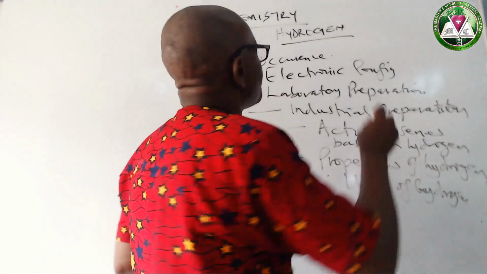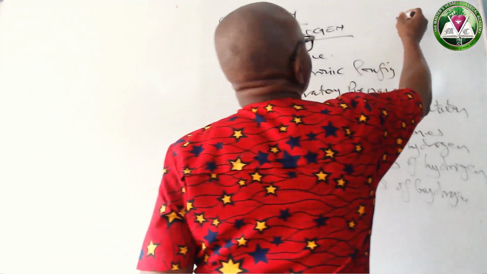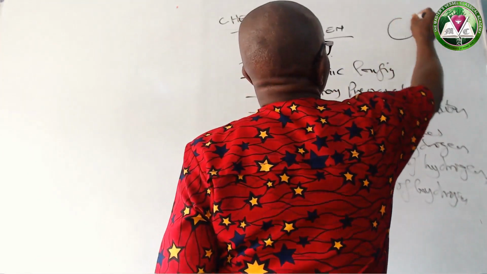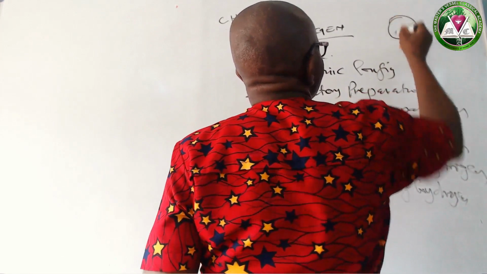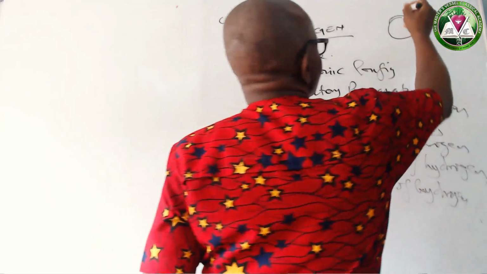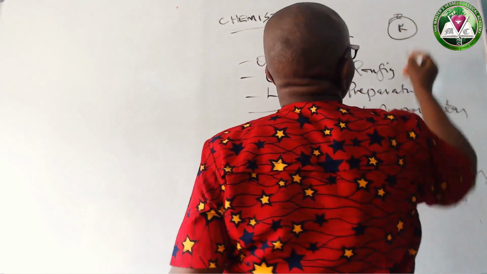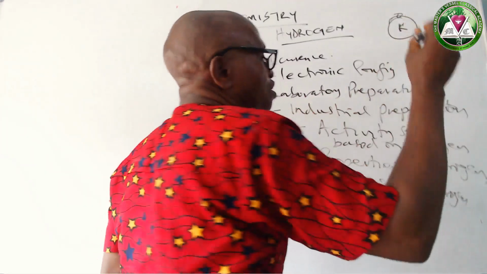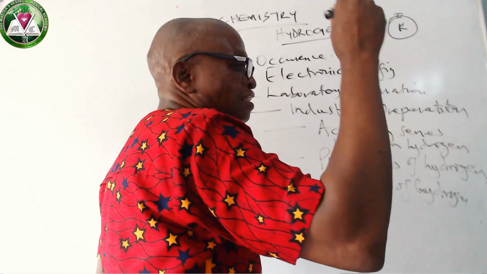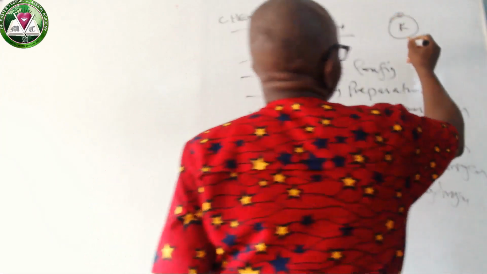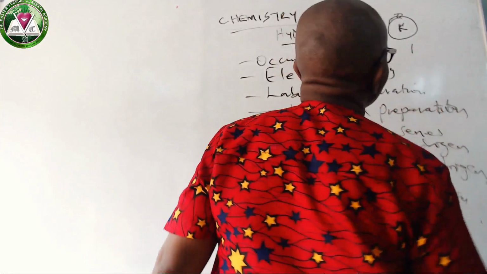Therefore, if we are to write the electronic configuration of hydrogen in diagrammatic form, it has K shell with 1 electron. And if we are writing the electronic configuration in terms of shell filling method, you see it to be 1.